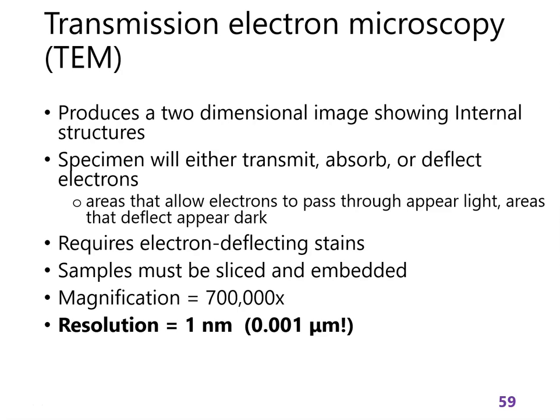One is transmission electron microscopy, and this is the most high-resolution type of microscopy we use in biology. You can get a resolution down to a nanometer. But you have to embed the sample in a block of metal, and you have to use special electron deflecting stains.